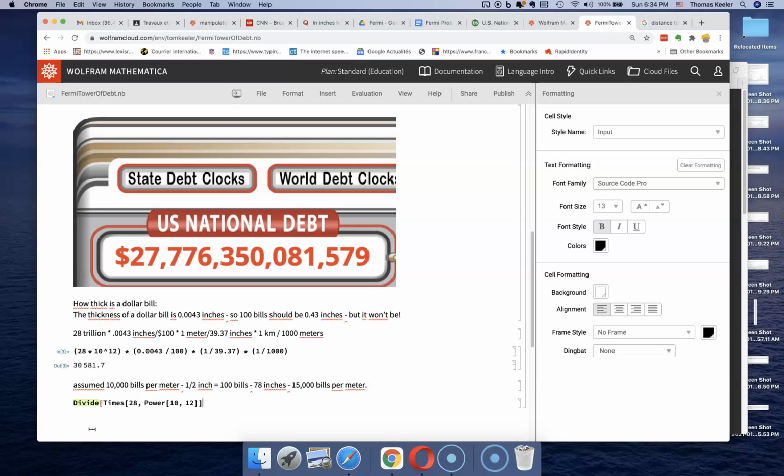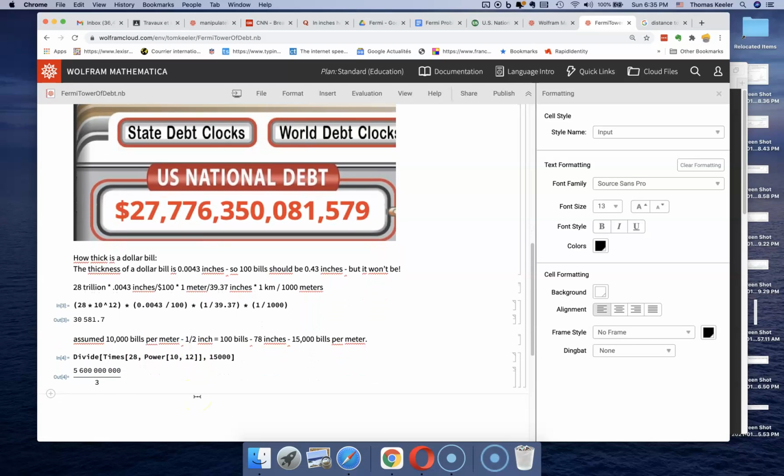Okay, so there's our times, and we're going to divide that by 15,000 bills per meter. Okay, so that's it. So there must have been a mistake up here.